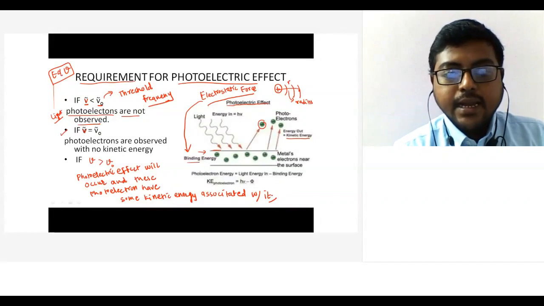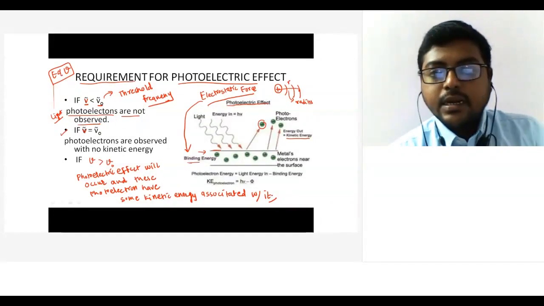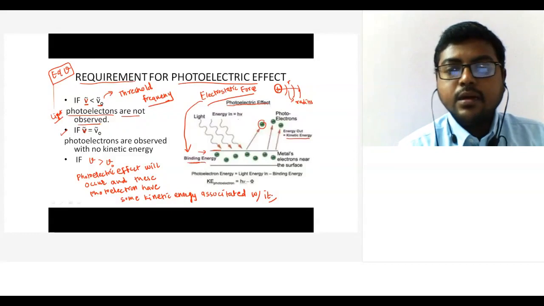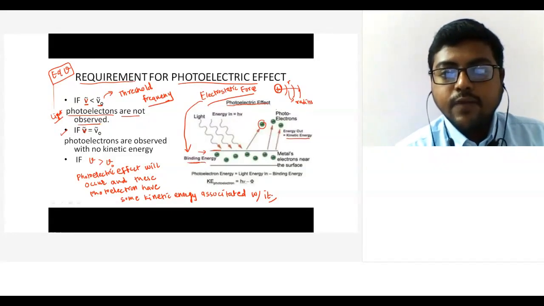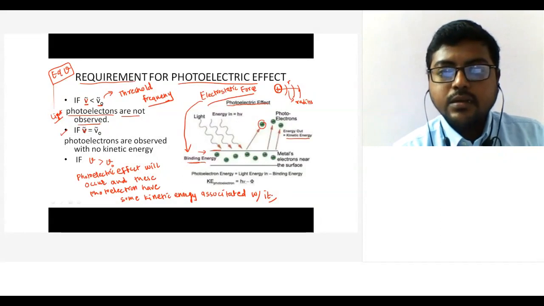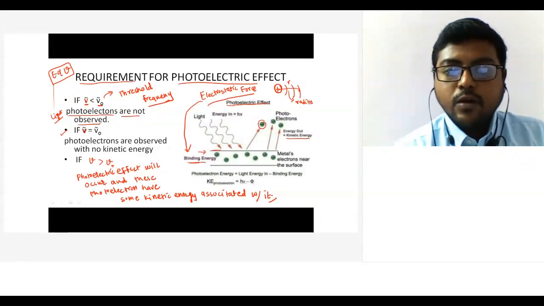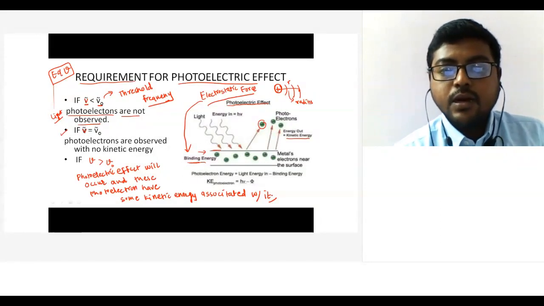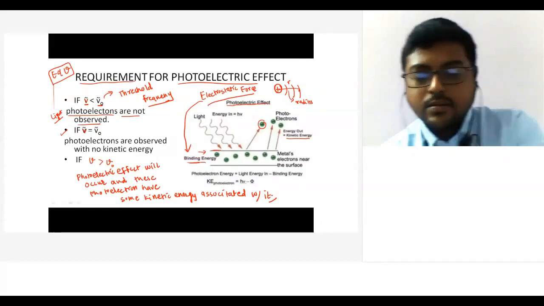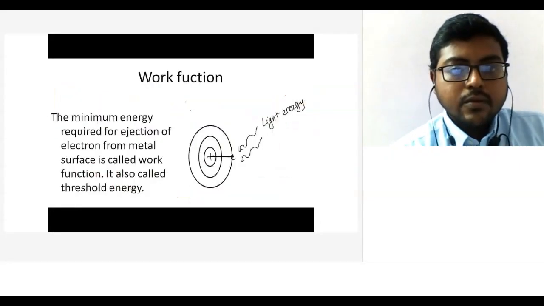So binding energy is the energy by which the electron is bound to the nucleus, and when a photon strikes the metal, the photon must overcome that binding energy. So here, what is work function?